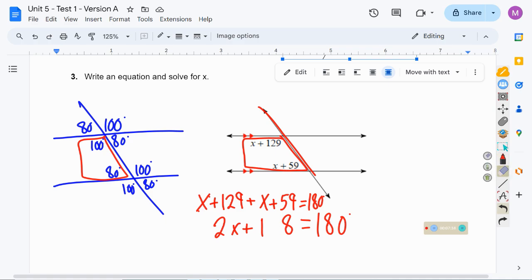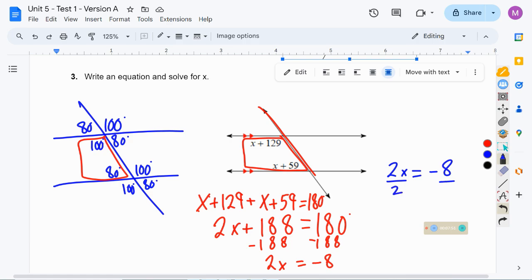Sorry, 188. Okay, then we take 188 from both sides. After I do that, we get 2x equals negative 8. Okay, and then if we solve through, we could divide both sides by 2. And we'll have x is equal to negative 4.